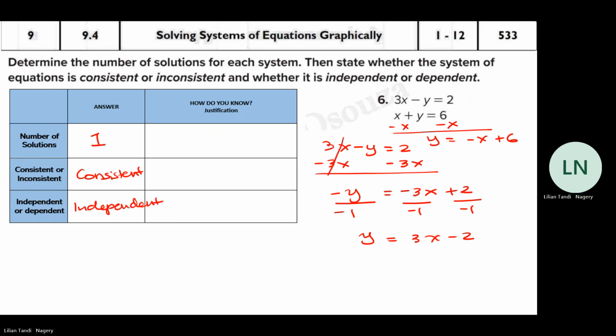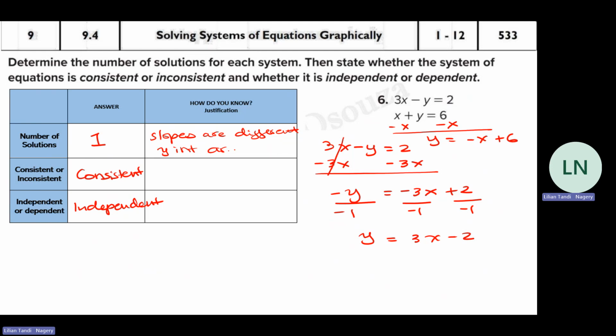Okay? All right. So you know the justification by now. Slopes are different.